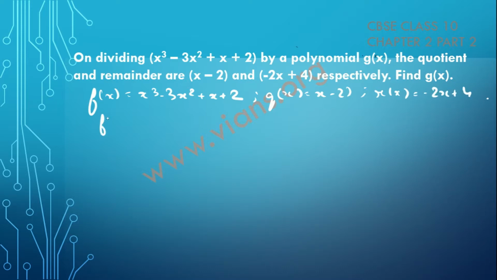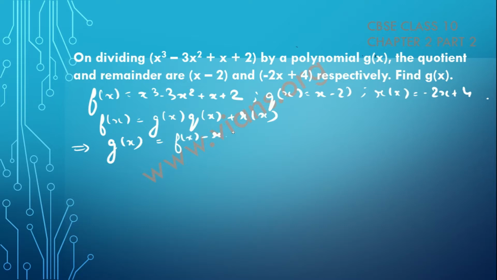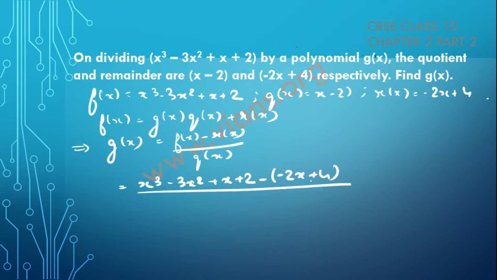We also know f of x is equal to g of x into q of x plus r of x, which means g of x is equal to f of x minus r of x divided by q of x, which is equal to nothing but x cube minus 3x square plus x plus 2 minus of minus 2x plus 4 divided by x minus 2, which is nothing but x cube minus 3x square.